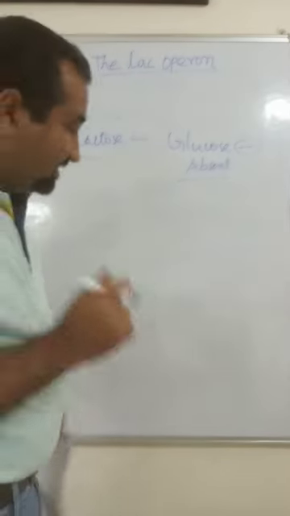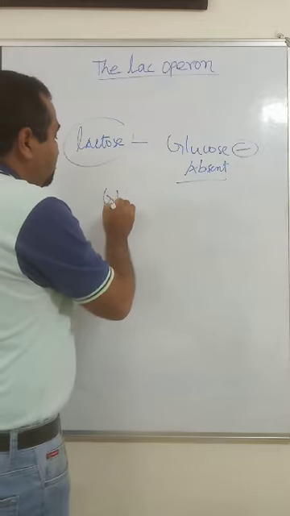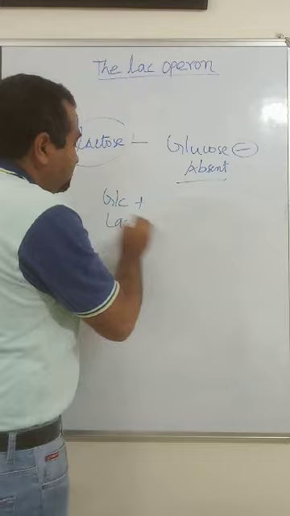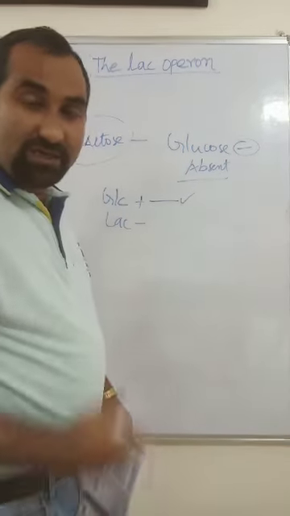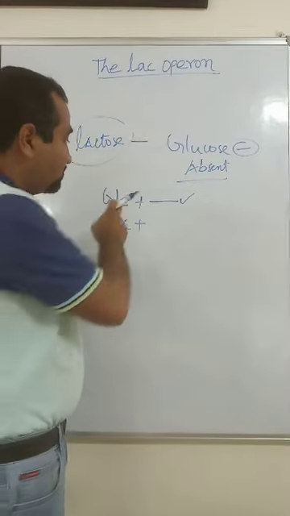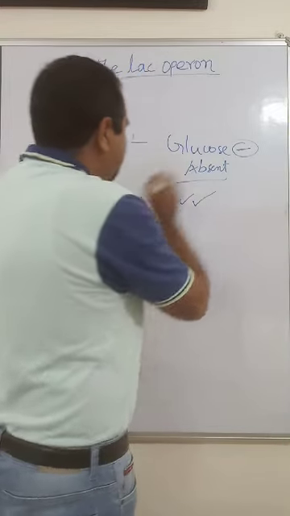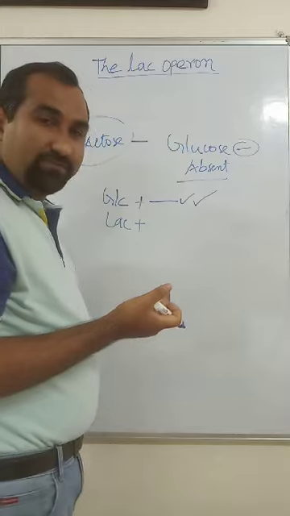So if glucose is present but lactose is absent, definitely glucose will be preferred as the energy molecule. And if both lactose and glucose are present, glucose will still be used as the energy molecule.